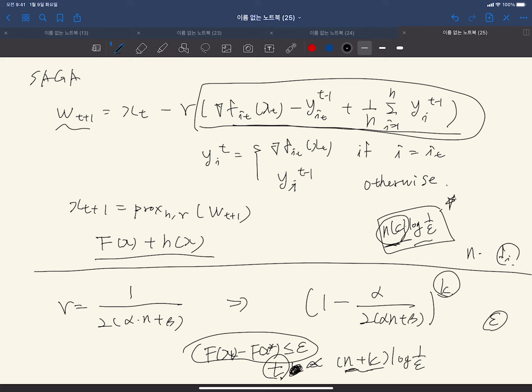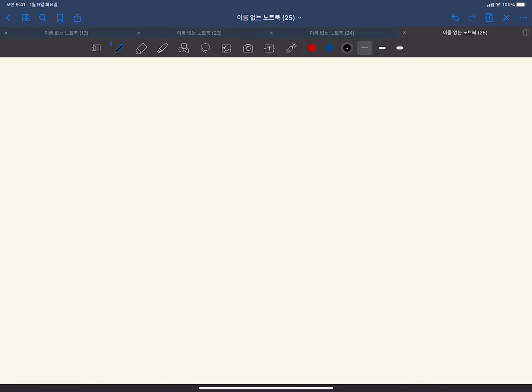If you compute the epsilon convergence behavior of SVRG, you can observe the same behavior. You can notice n kappa log 1 over epsilon is changed to n plus kappa times log 1 over epsilon using SVRG and SAGA.